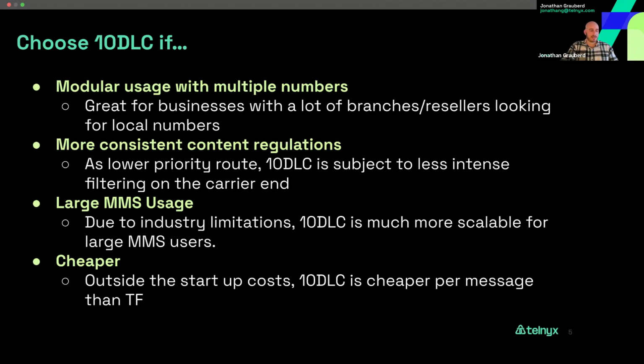What I mean by that is if you have a business with a lot of branches and need to have local numbers wherever you are, most Americans, it's shown, do prefer to receive messages from the numbers that they know and from area codes which are close to them. So for those, I would say, that's the prime 10DLC use case. It's the capacity to break things down into small pieces and to reach out to a local audience as you do so.